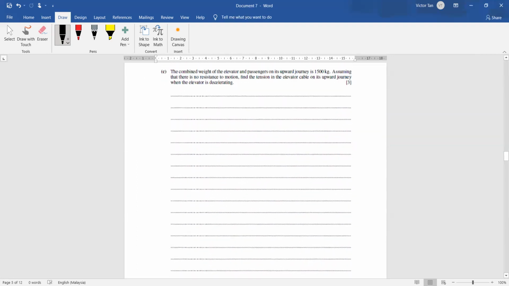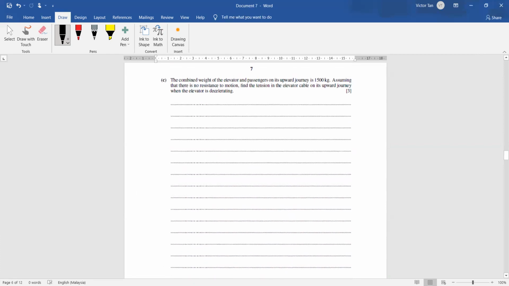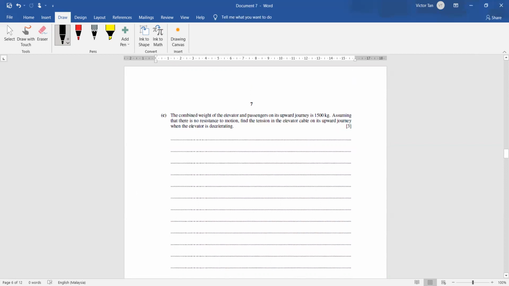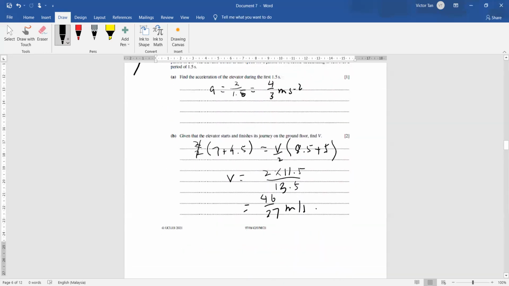Okay. The combined mass of the elevator and passengers on its upward journey is 1,500 kilograms. Assuming there is no resistance to motion, find the tension in the elevator cable on its upward journey when the elevator is decelerating.